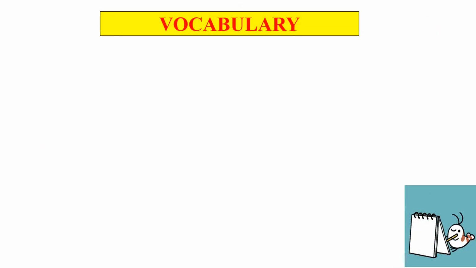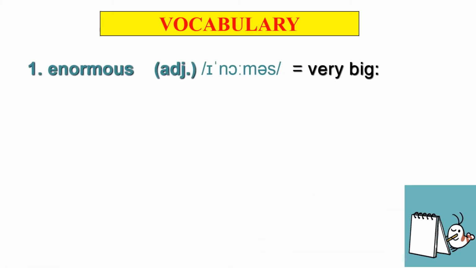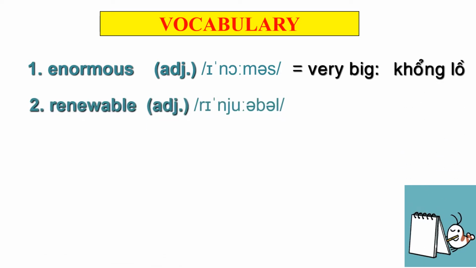Here is the list of new words. Please take note in your notebook and try to learn by heart. The first word has the meaning very big, and it is enormous, nghĩa là khổng lồ. 2. Renewable, nghĩa là có thể tái sinh.